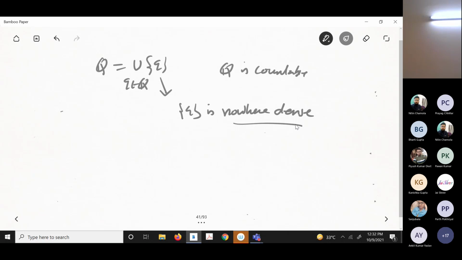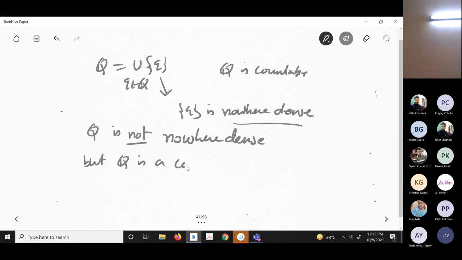So Q is not nowhere dense, but Q is a countable union of nowhere dense sets.